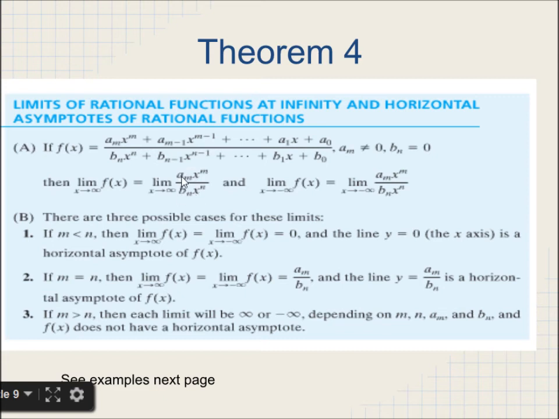Just remove the variable, just put the coefficient, and that becomes the horizontal asymptote for that function. And if the power of x is greater for the numerator than the denominator, then it becomes minus infinity or infinity depending on the power, which is m minus n, or the values of the coefficients am or bn. And f(x) does not have a horizontal asymptote because it will be infinity or minus infinity.